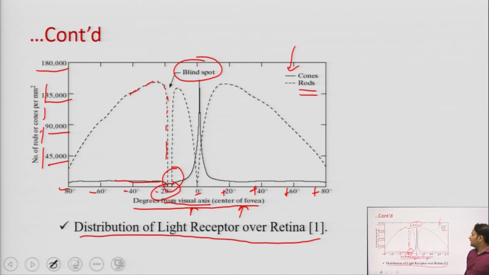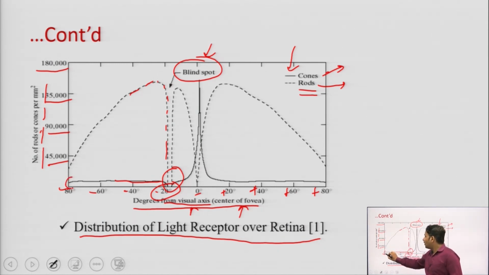So, if cones and rods are not responding at that particular portion, then you can say that spot is the blind spot in your eye. Otherwise, where cones are not that useful for the response, the rods are useful.